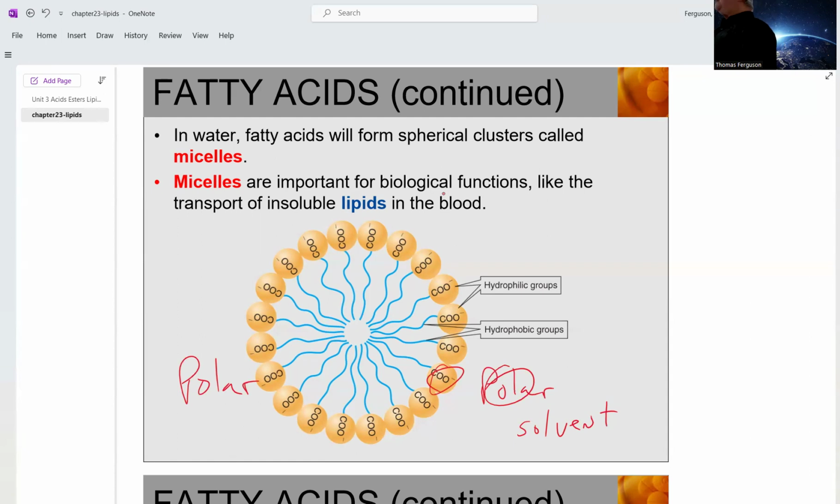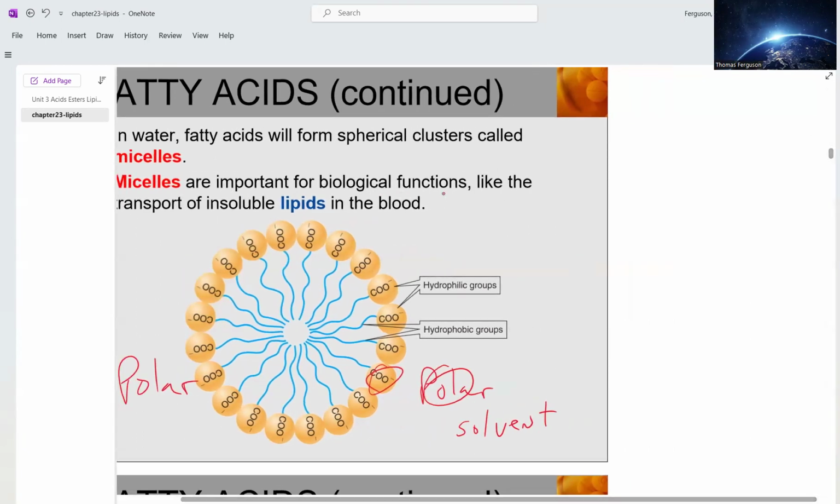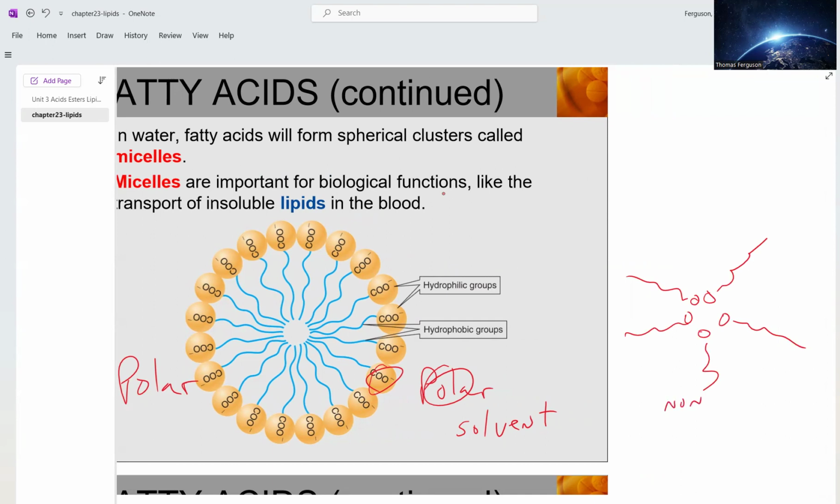Now, if this was in like pentane, which is a very non-polar solvent, what you'd end up with is you have this thing turned inside out. So the nonpolar parts of the fatty acids, the blue part here, is going to be on the outside. And on the inside is going to be the polar part.